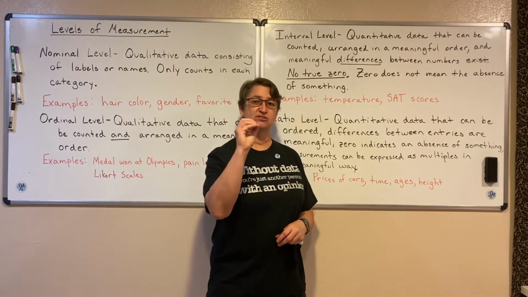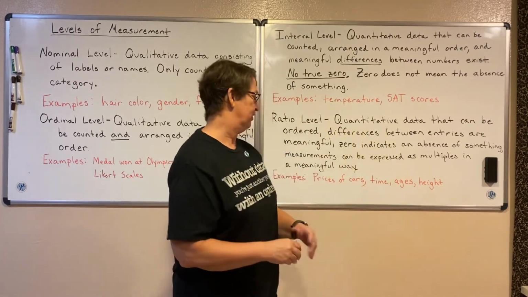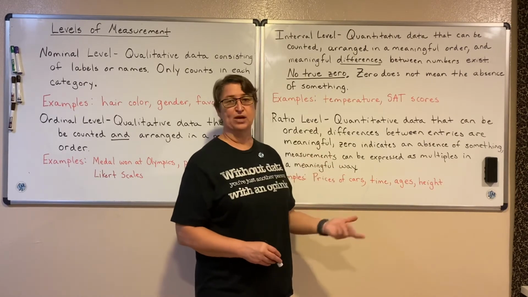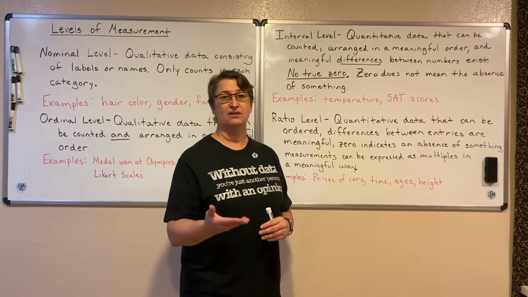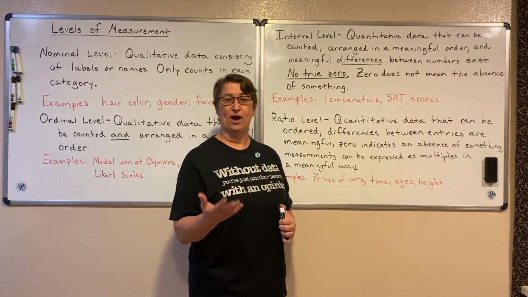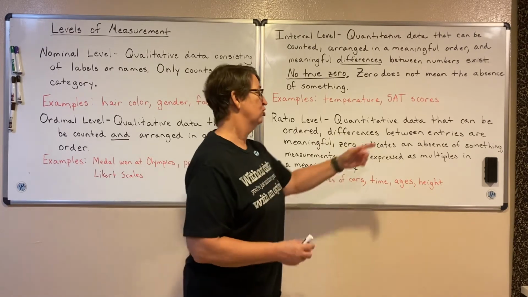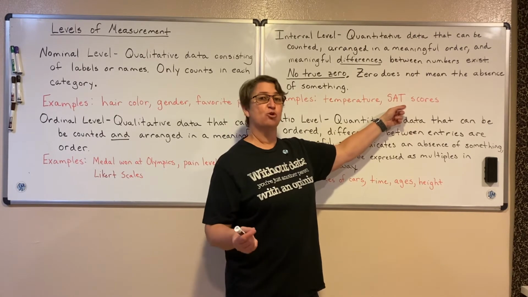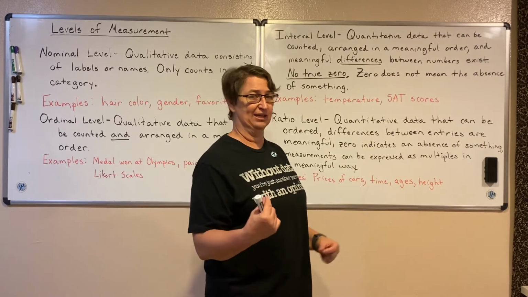If I say there are 0 of them, it means there's nothing there. There's an absence of something. And because of that, multiplication can be expressed in a meaningful way. In other words, if I have twice as many of something, it really truly means 2 times as much. Whereas on an SAT score, just because your score doubles mine doesn't mean that you got twice as many questions right as I did.